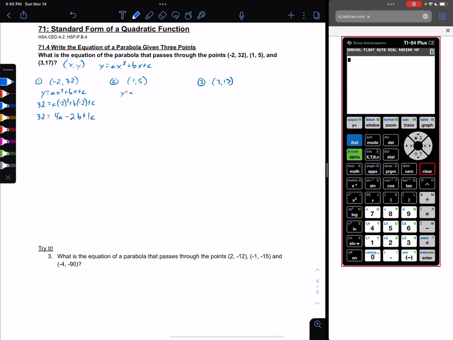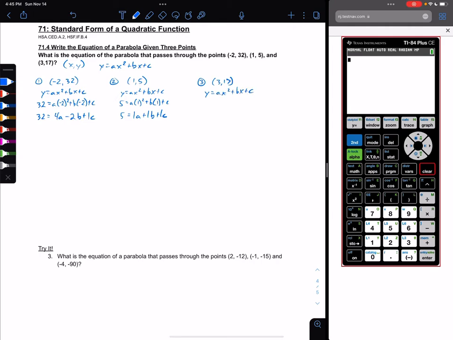And you're going to do the same thing for points 2 and 3. So y is equal to ax squared plus bx plus c. So 5 would be equal to a times 1 squared, b times 1, plus c. And simplify this, so we'd get 1a, 1b, and 1c. That one's pretty easy. And then point 3.